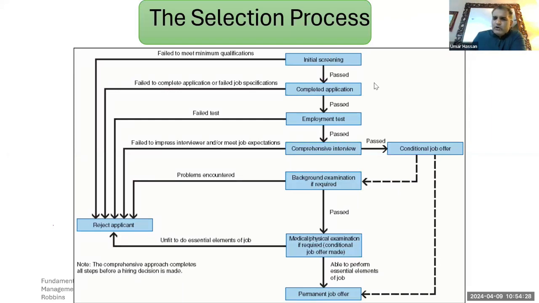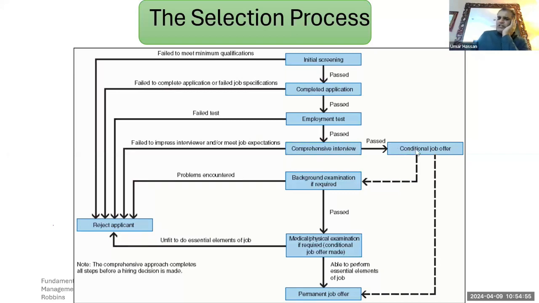Okay. So I hope that this selection process, rather than going with 20 slides, I've just summed up everything in just one slide. And this comprehensive approach completes all steps before a hiring decision is made. Starting with initial screening, moving on to application completion, employment test. Then there is an interview. If the interview is successful, a conditional job offer is made.